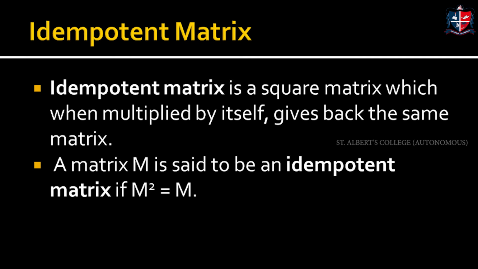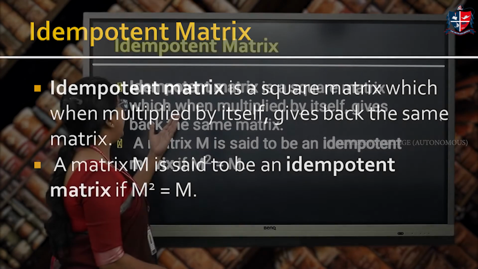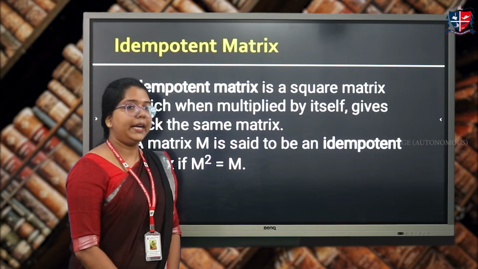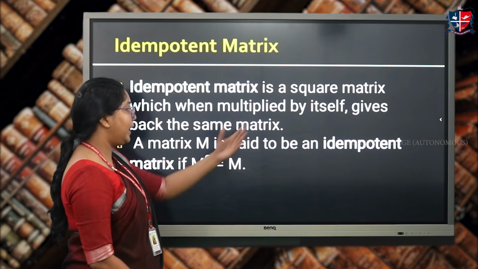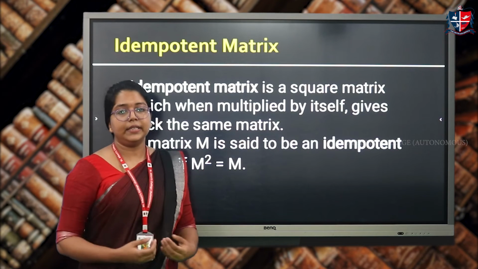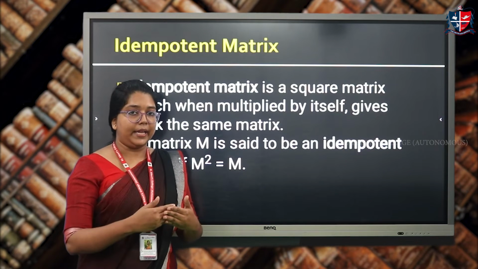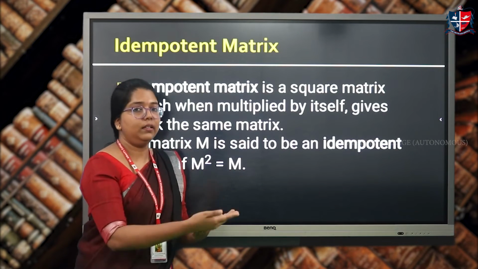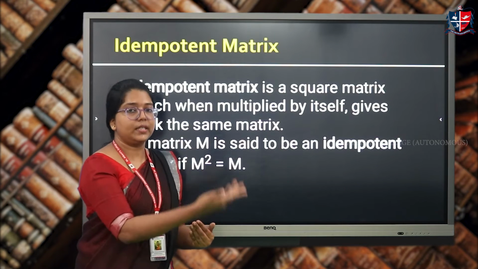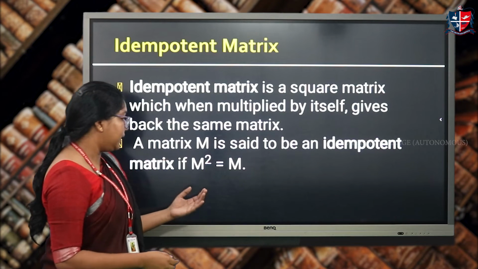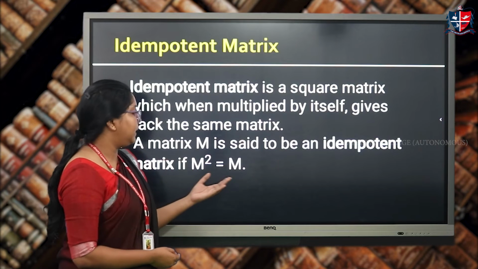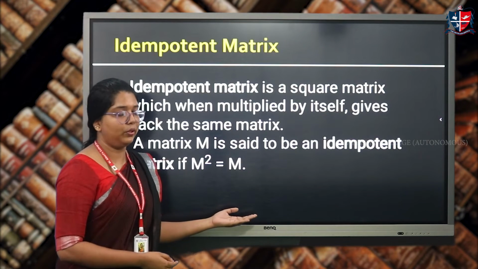The next type of matrix we are going to discuss is the idempotent matrix. An idempotent matrix is a square matrix. The specialty of these kinds of matrices is that upon multiplying the matrix with itself, we get the same matrix again. That is, A square is equal to A, or M square is equal to M, as seen on this board.